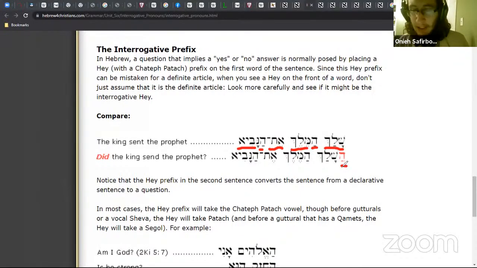Now, if it has hey at the beginning, it basically is: sent the king at who? The prophet? The king sent the prophet? Or as it translates it, did the king send the prophet?